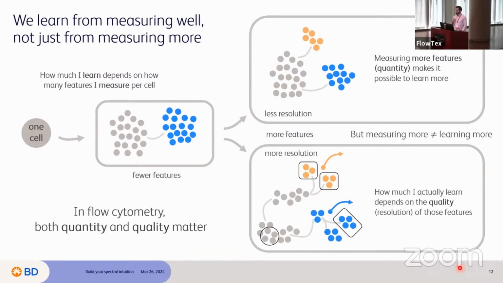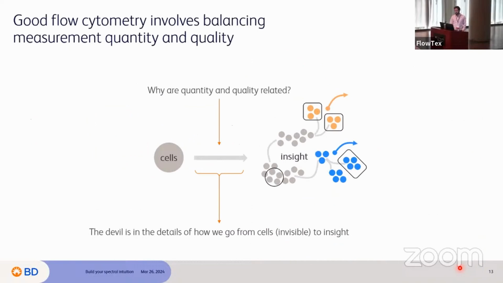If I measure with higher resolution, I can tell finer detail and infer more subtle biological patterns. So in flow cytometry, both quantity and quality are going to matter. The challenge is that quantity and quality are very directly and inextricably linked to each other in flow. And hopefully you got some of that from Karen's examples as we built from simpler to more complex panels.